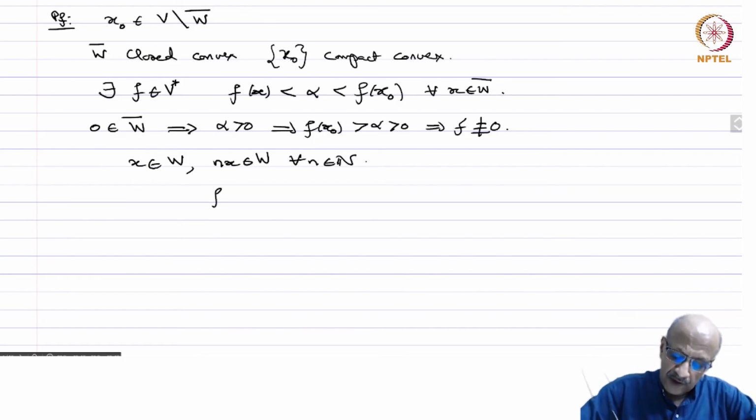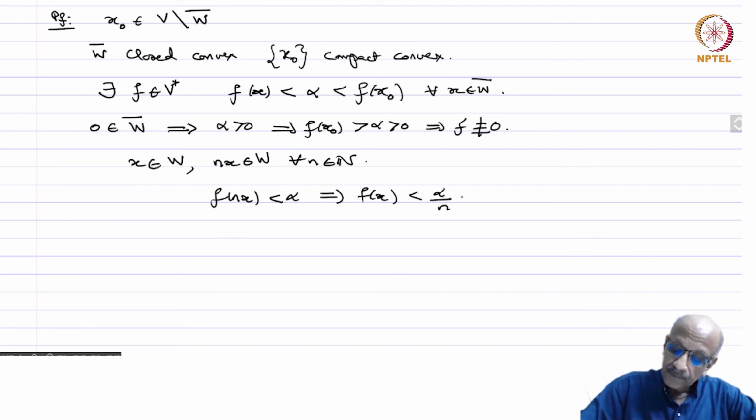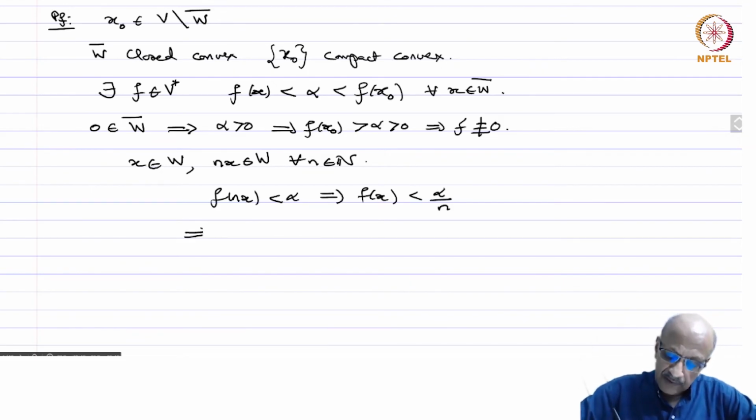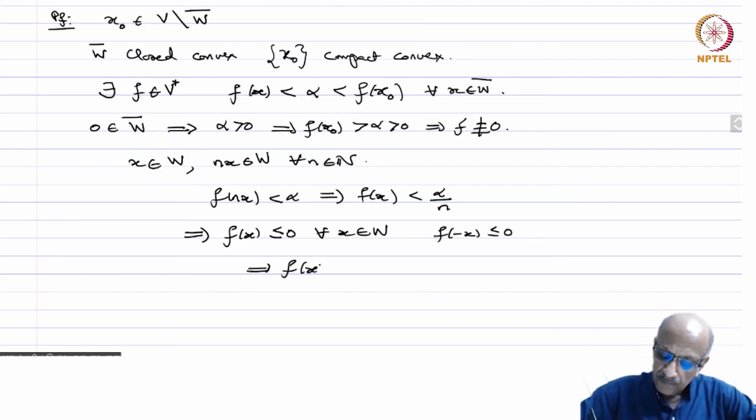So we have f of nx is less than alpha, and therefore f of x is less than alpha by n. You let n tend to infinity. This implies that f of x is less than or equal to 0 for all x in W. But then minus x is also in W, so f of minus x is also less than or equal to 0, and so f of x equals 0 for all x in W.